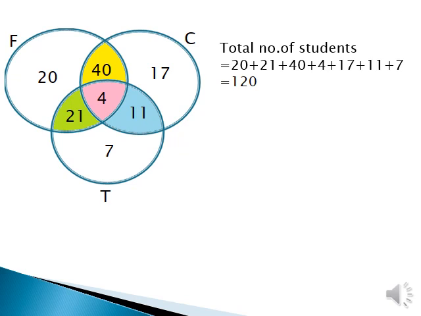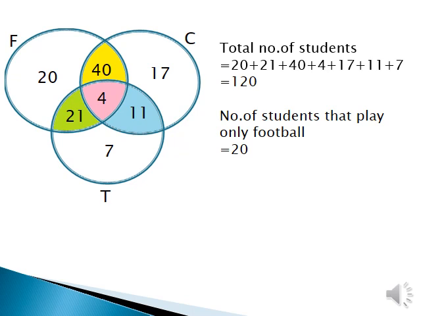Next is the number of students that play only football. From the Venn diagram you can easily find that the number of students who play only football is 20, correct. And lastly, the number of students that play cricket and tennis but no football.